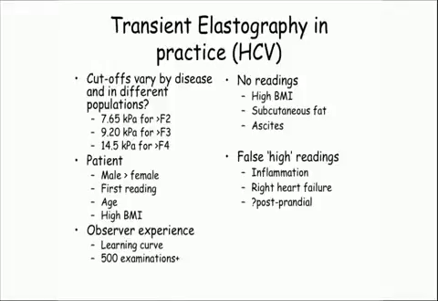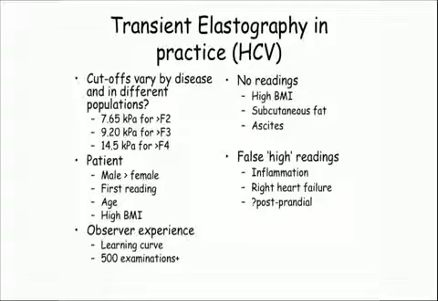For some reason, men tend to have higher readings than women. The first reading is often bigger than the subsequent readings. Age seems to have an effect in terms of your transient elastography, and clearly if you've got a high body mass index, then it's not possible to get a reading from the FibroScan, although there are now probes that are used for people with high body mass indexes.